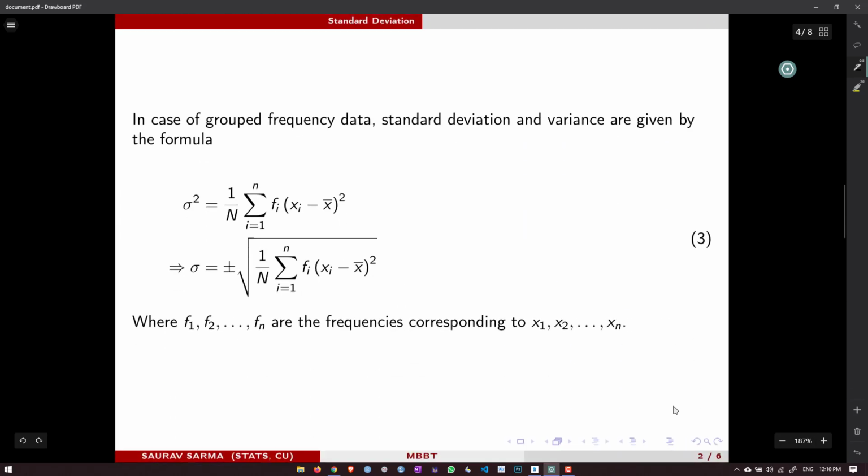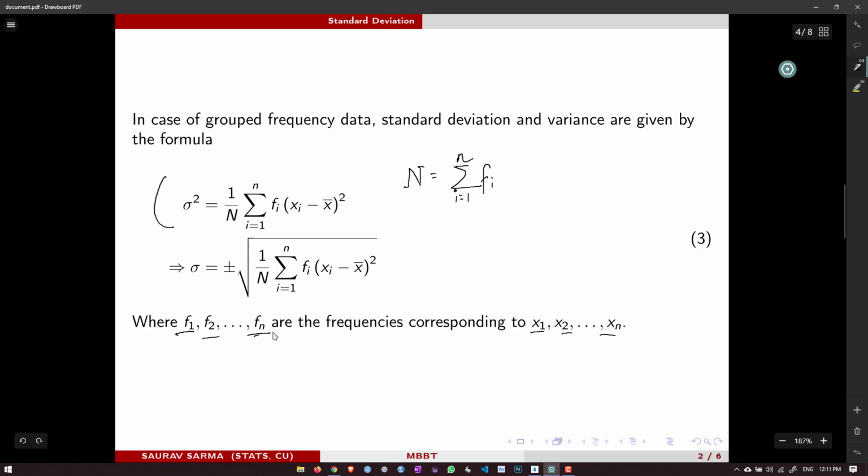Now in case our data consists of frequencies like f1, f2, fn for every x1, x2, xn, that means we have a group frequency or continuous group frequency, then the formula becomes sigma square equal to 1 by capital N, summation fi times (xi minus x bar) whole square. Now what is capital N? Capital N is the sum of all the frequencies, i goes from 1 to n.